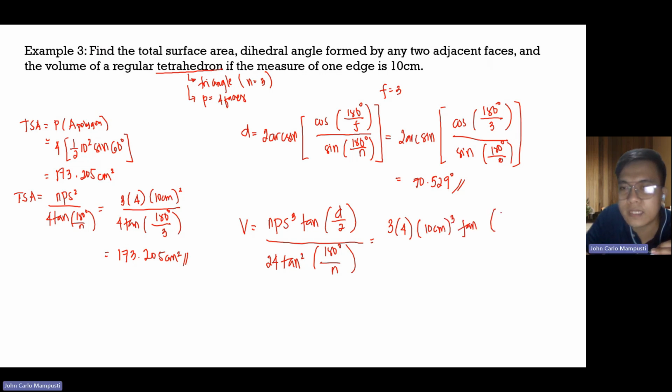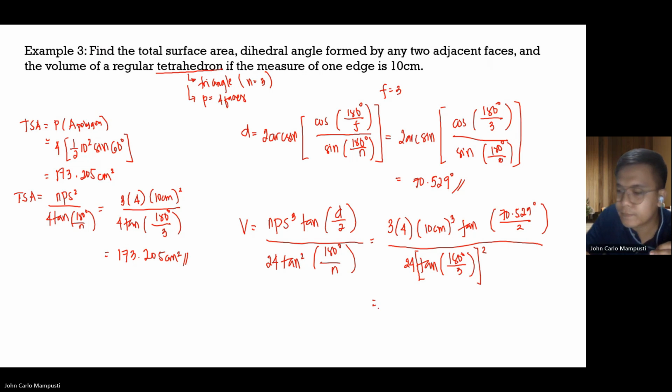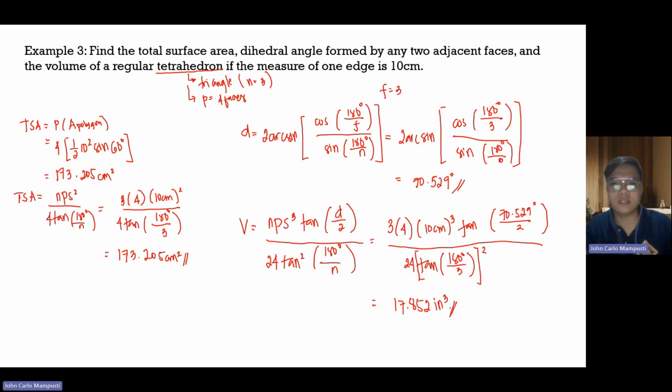Tangent, yung nakuha natin, 70.529 degrees all over 2, 24 tangent squared 180 degrees over 3. Sa calculator nyo, pakiganto na lang yung input para hindi kayo malito. So, ang lalabas dyan, we have 117.852 cubic inches. Double check natin na kung tama tayo.